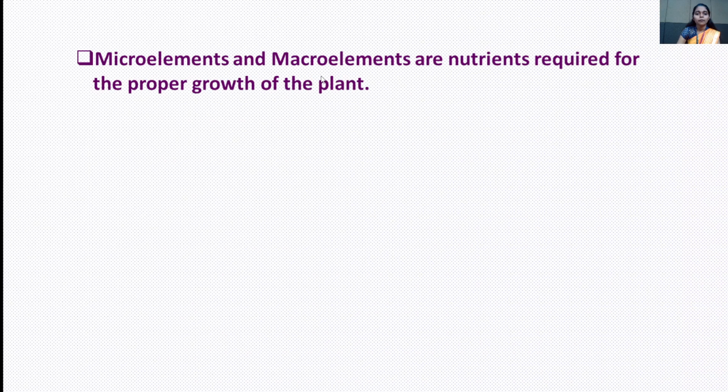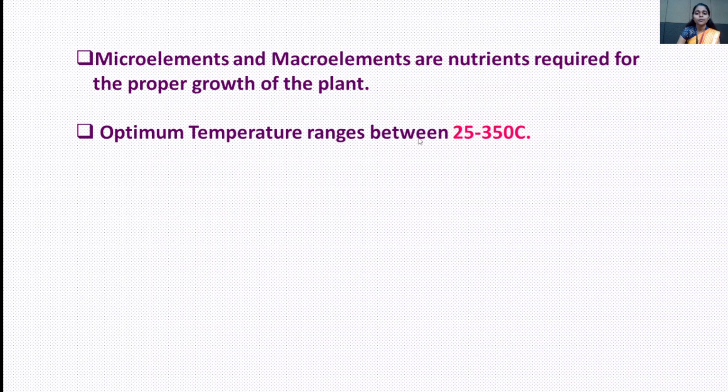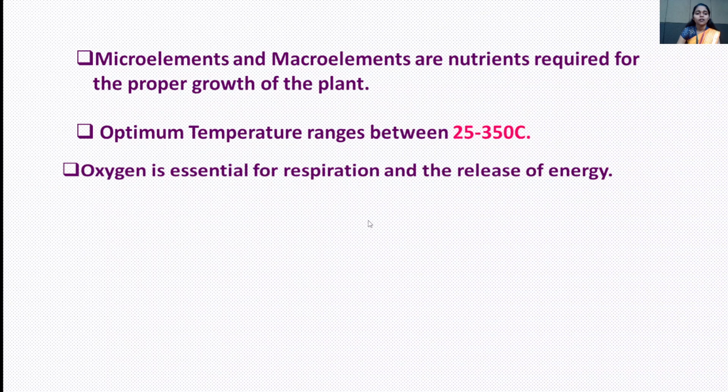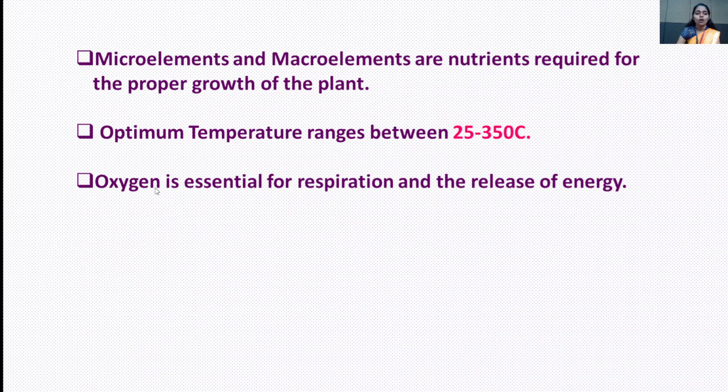Microelements and macroelements are nutrients required for the proper growth of the plant. These two elements are required for proper growth of plants. Optimum temperature ranges between 25 to 35 degrees Celsius. Oxygen is essential for respiration and release of energy.